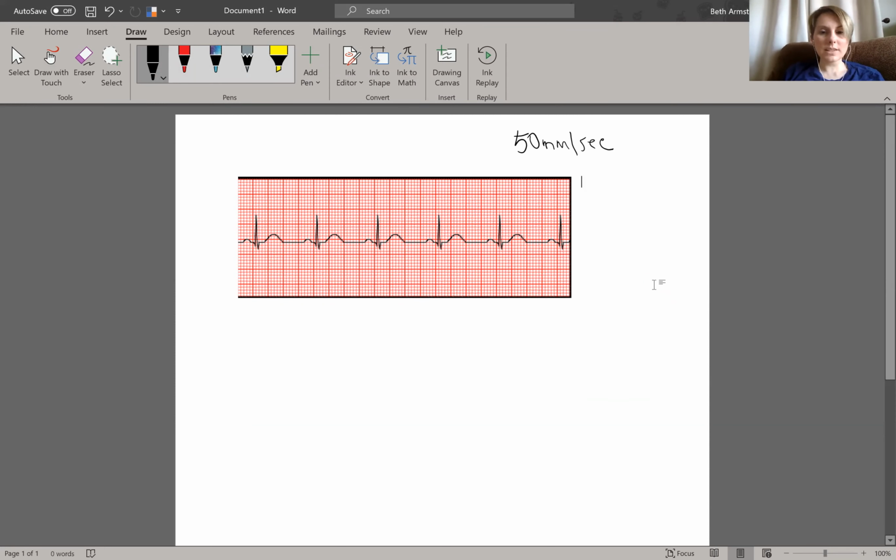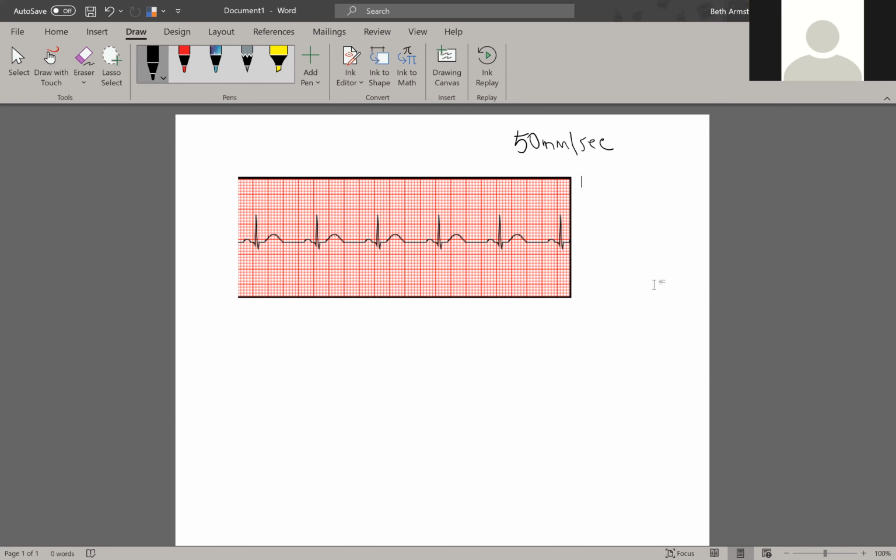And so if we say that that's 50 millimeters per second speed, what does that mean and how we count our ECG? You need to count 10 boxes. Okay. So we count 10 big boxes for 50 millimeters. Now, if it were a 25 millimeter per second.